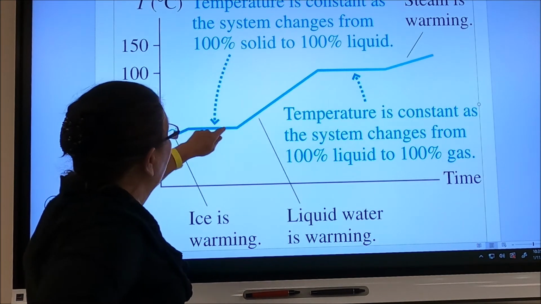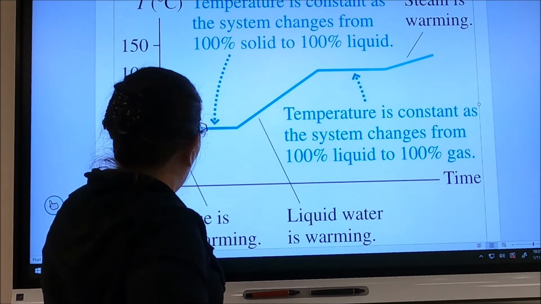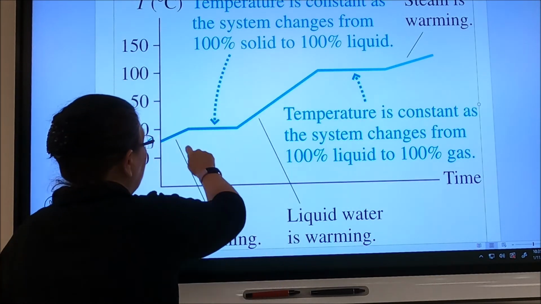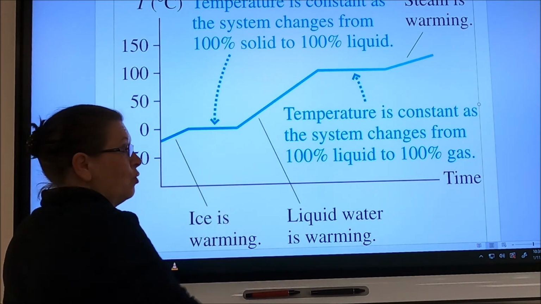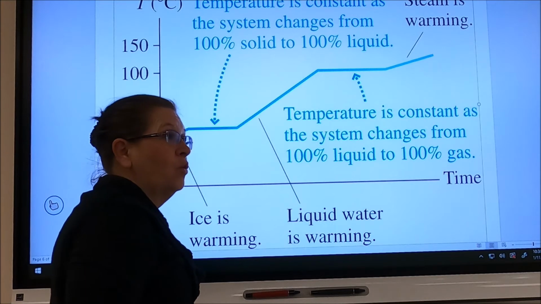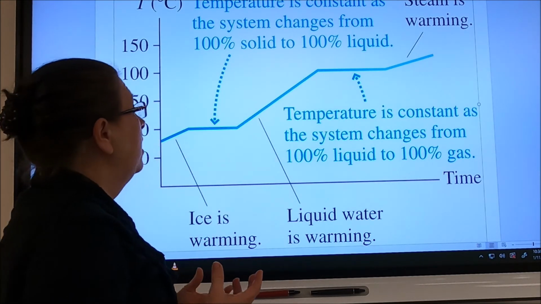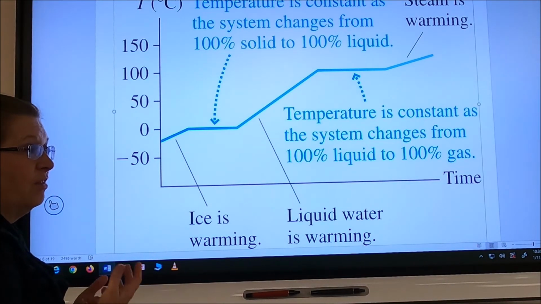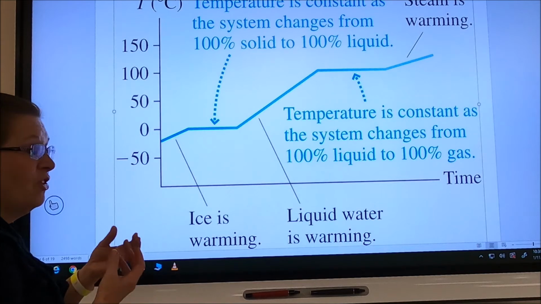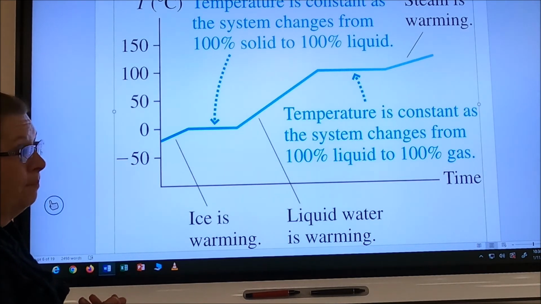Once we get to 0 degrees C, all the energy that's being absorbed by the system is going into a phase change, and the temperature remains constant. Because what we're doing is we're seeing a conformational change of the particles, and the thermal energy content is staying the same. The energy that's being put in is going to change the potential energy of the system.